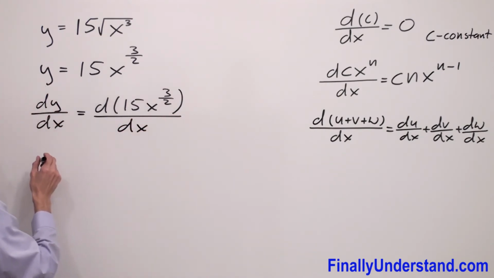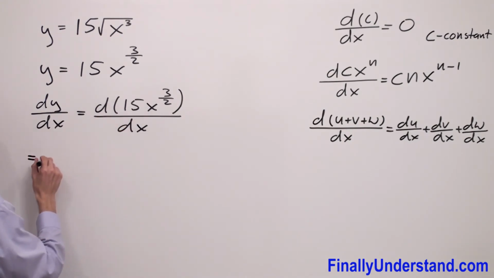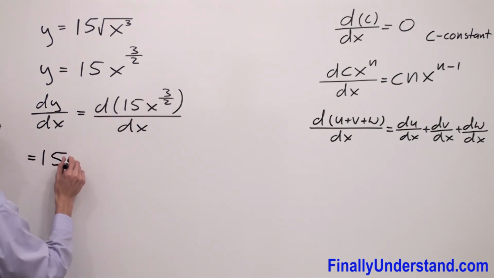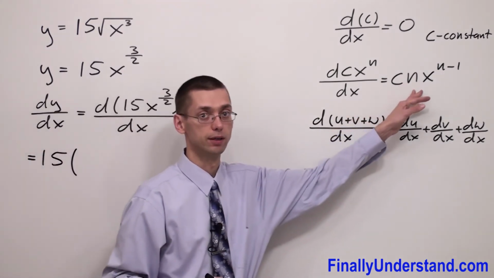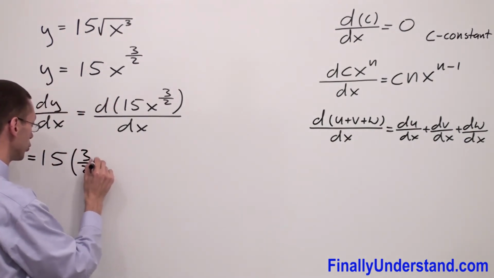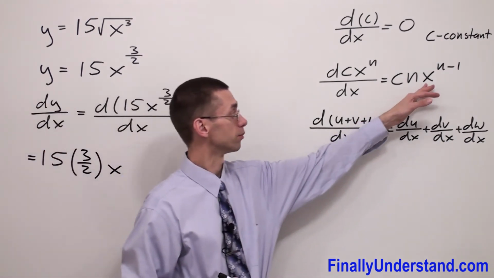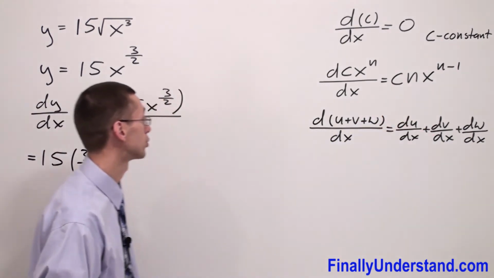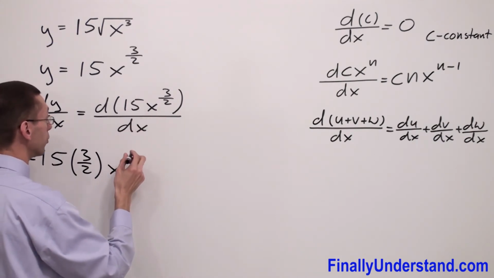dx. Okay, so this is equal 15, because we have to copy down constant, 15 times the exponent, so we have 3/2 times x, because my formula says multiply by x, and subtract the 1 from exponent.